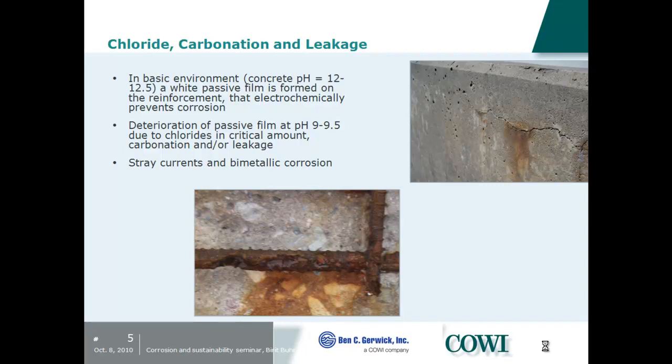That passive film can be deteriorated either if the concrete carbonates, meaning carbon dioxide from the atmosphere enters, or if we have chlorides in a critical amount that reaches the reinforcement layer. And also if we have stray currents and bimetallic corrosion. Even in those two cases, that passive film or the resistance towards the corrosion has to be overcome.